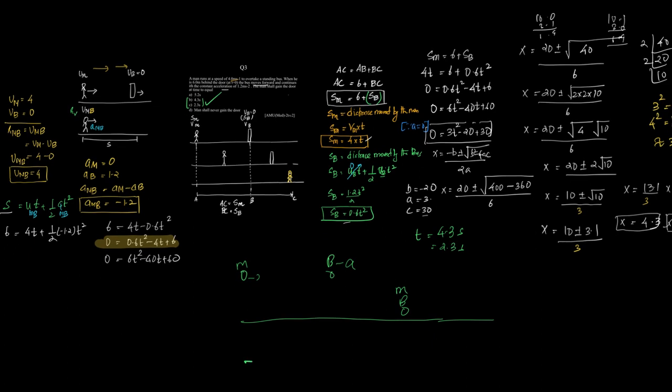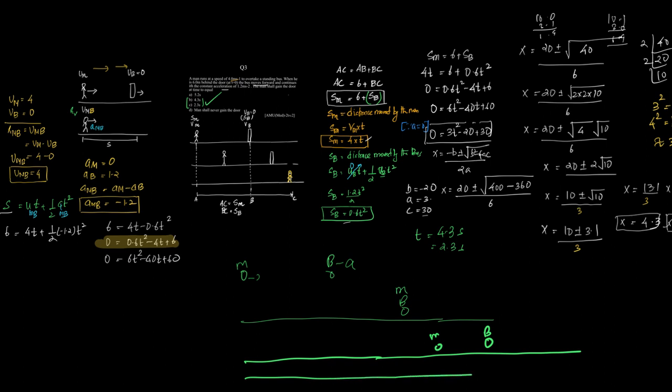And after that, the bus is still having acceleration, so the bus will move forward, and the man will now be behind the bus. After some time, so this is bus again, this is man again, and after some time the man will again overtake the bus. So this is the possible explanation for us getting two values of time.